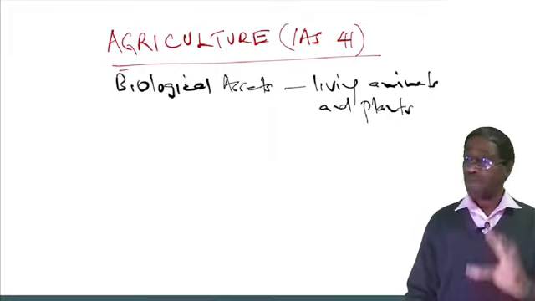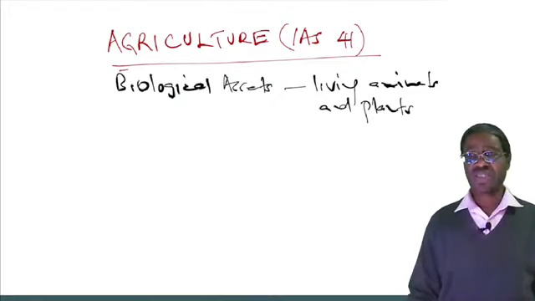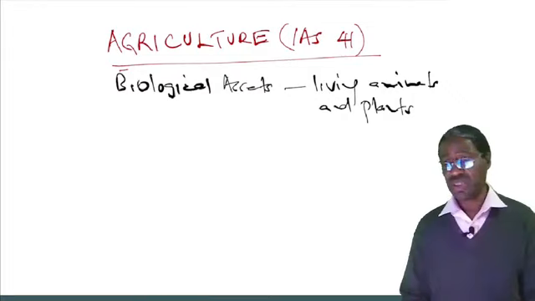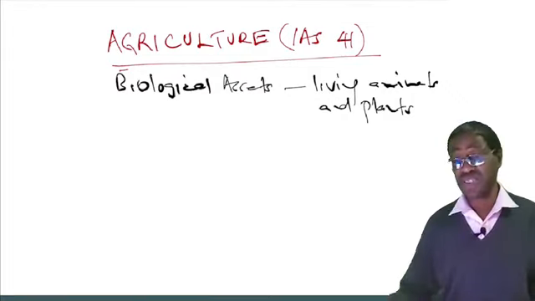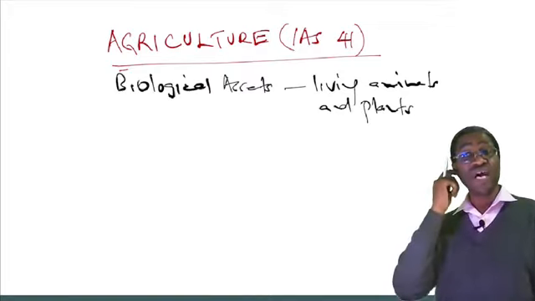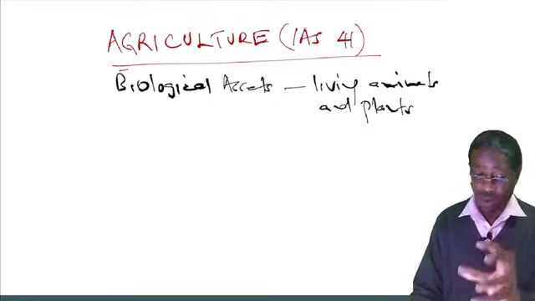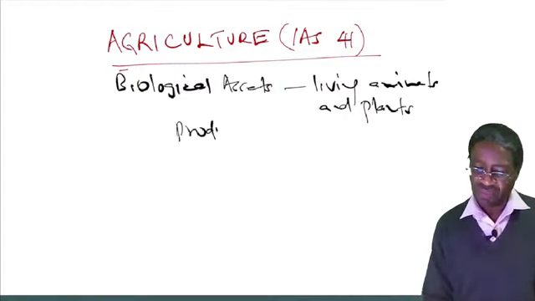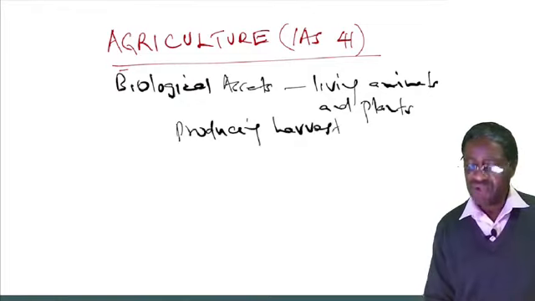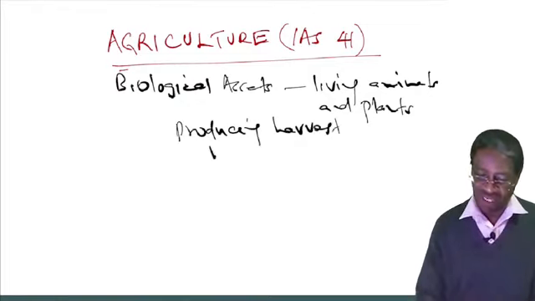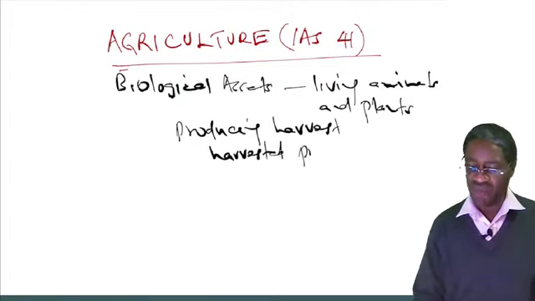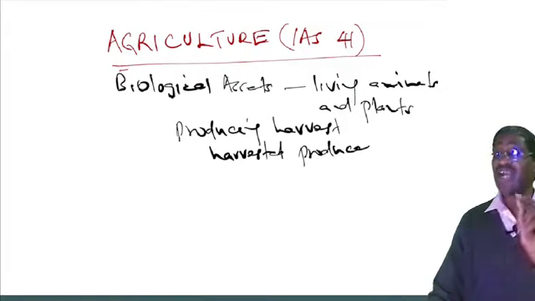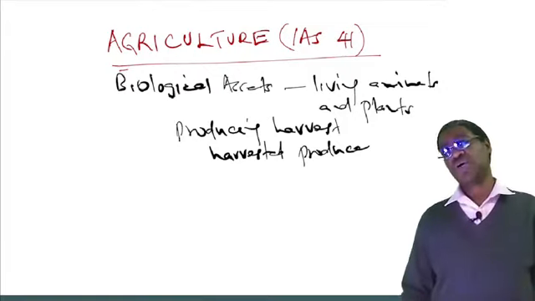Then below that you say this: biological assets are living animals and plants that are used for producing harvest or harvested produce.